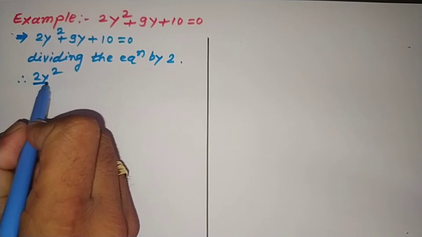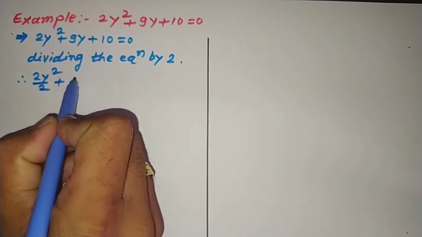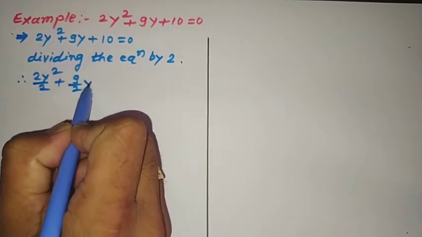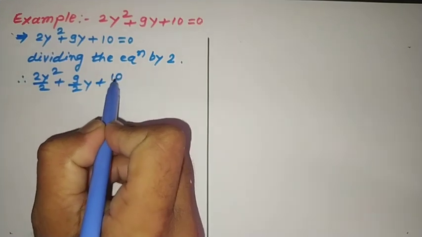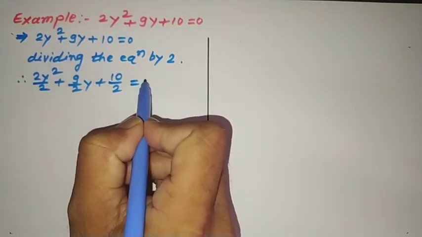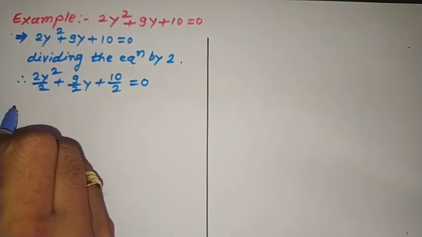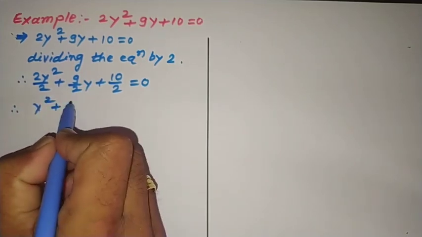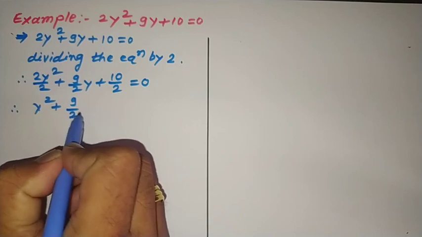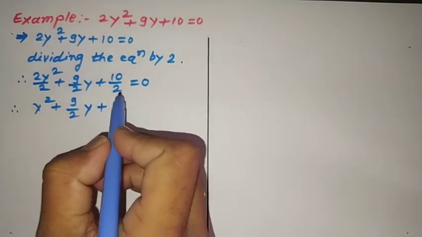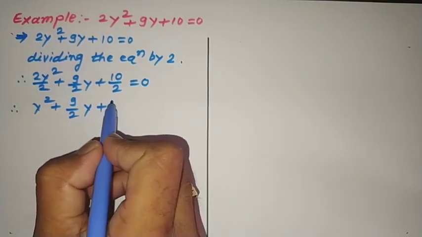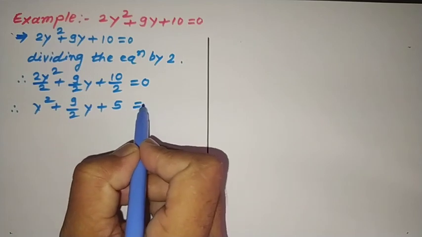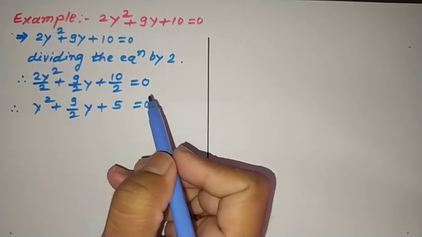2y square upon 2 plus 9 upon 2y plus 10 upon 2 is equal to 0. Therefore, cancelling, y square plus 9 upon 2 y plus 5 is equal to 0.